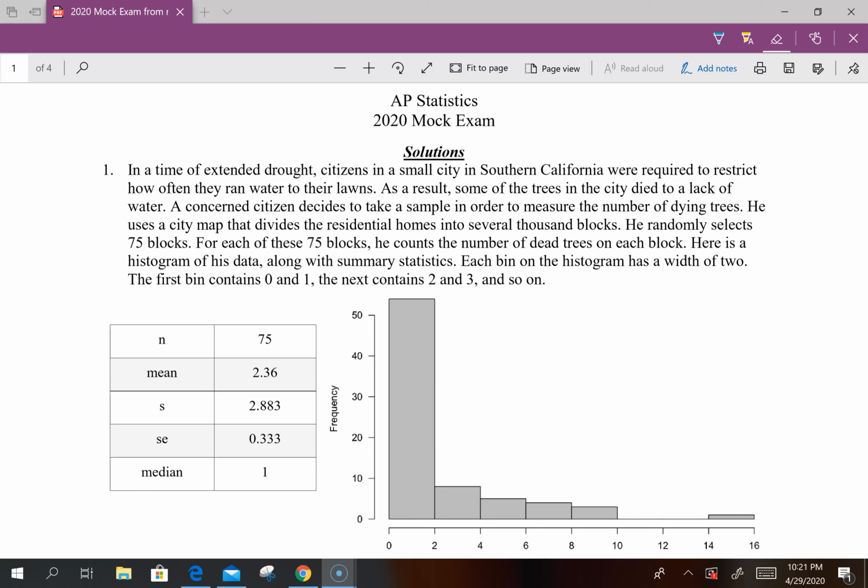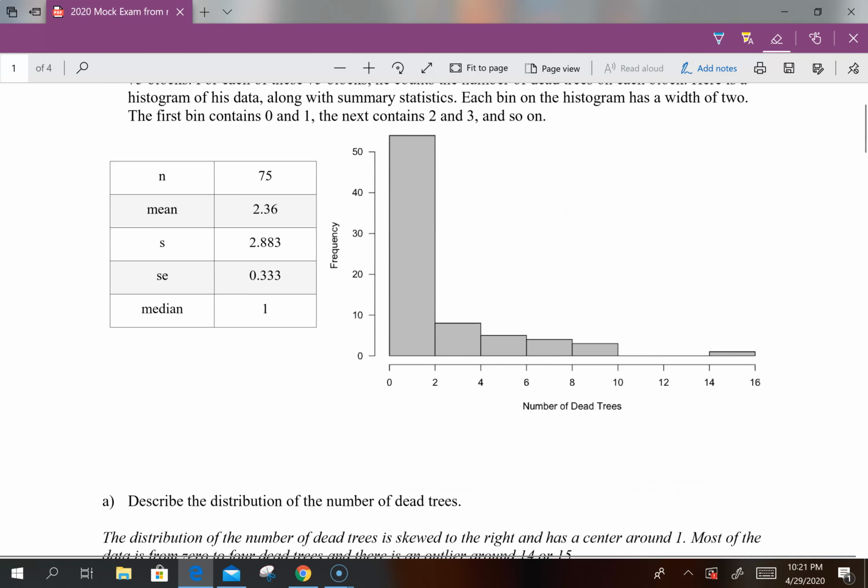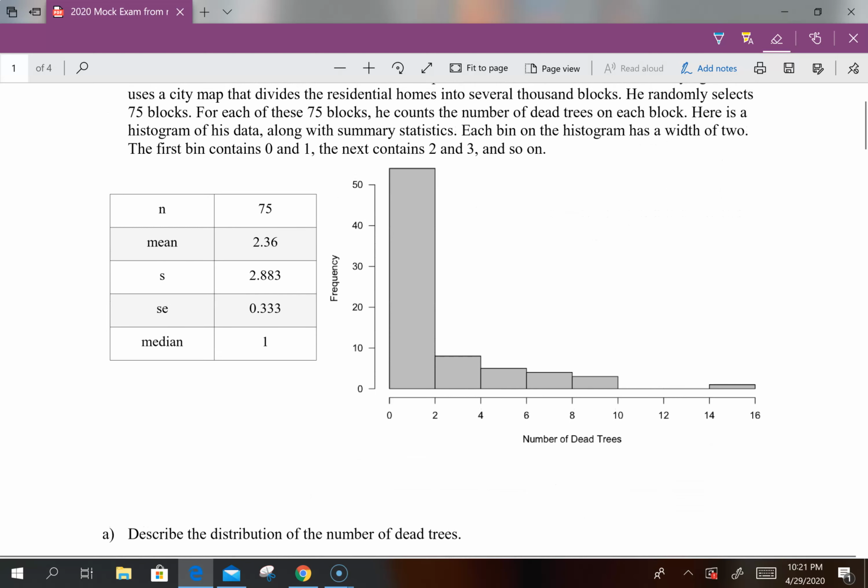So predictably, when we get a question like this, the first thing they're asking us to do is to describe the distribution. When we're talking about distribution, remember that's our SOCS or our SOCV. And you need to make sure that you are mentioning context.